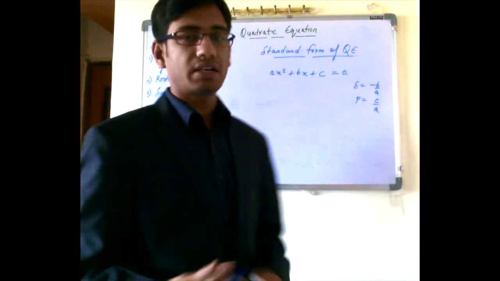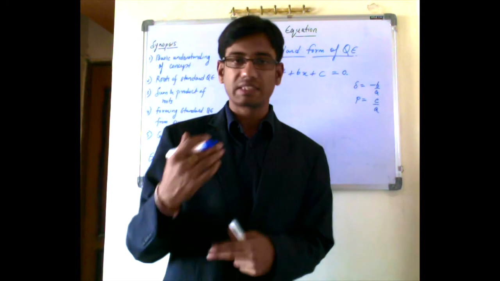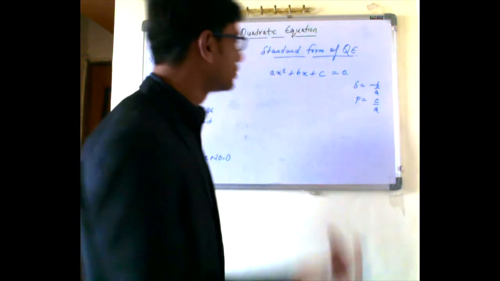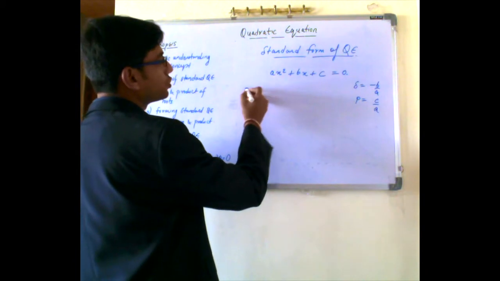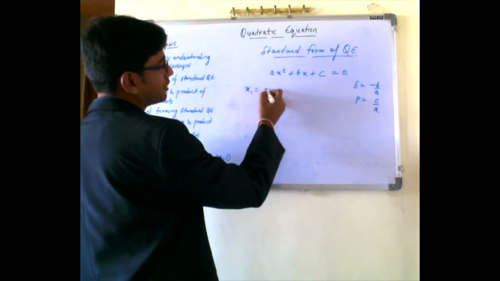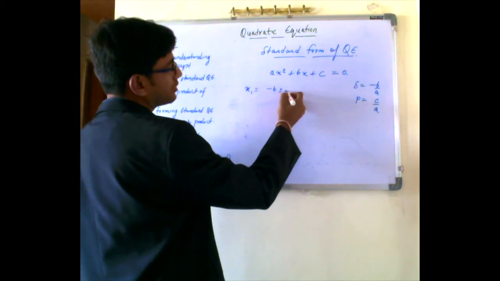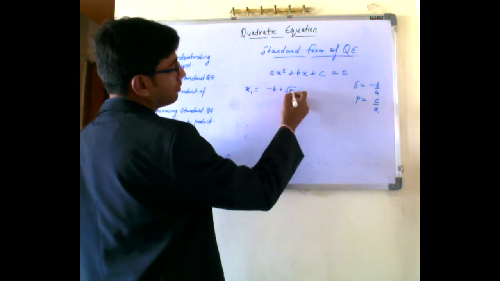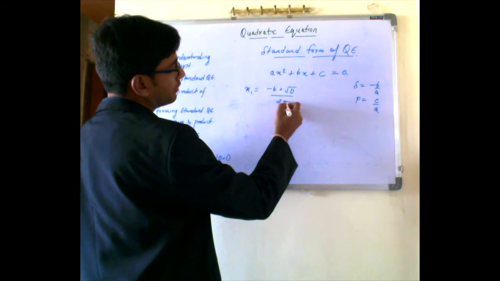But we'll understand how this can be derived, since it's easier to learn that way. So I'll derive this for you. The two roots I just saw were x1, x2 = (-b ± √D) / 2a.